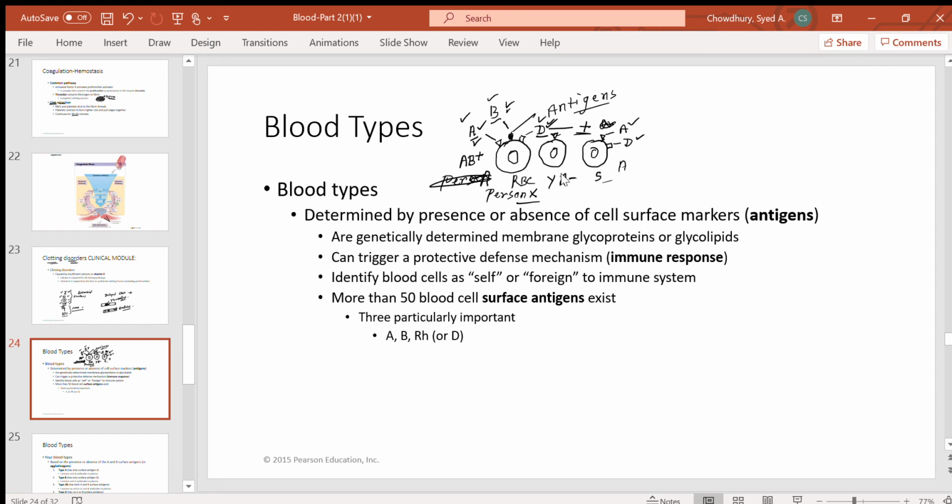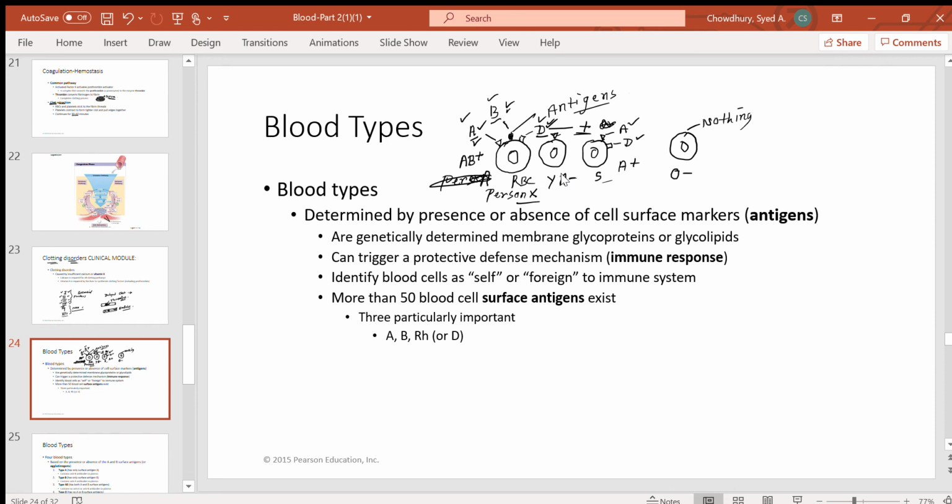So A positive. Makes sense? Now another person's red blood cell surface, you have no A, no B, no D. Nothing, none of those. So he will be O. And since D is also absent, O negative.